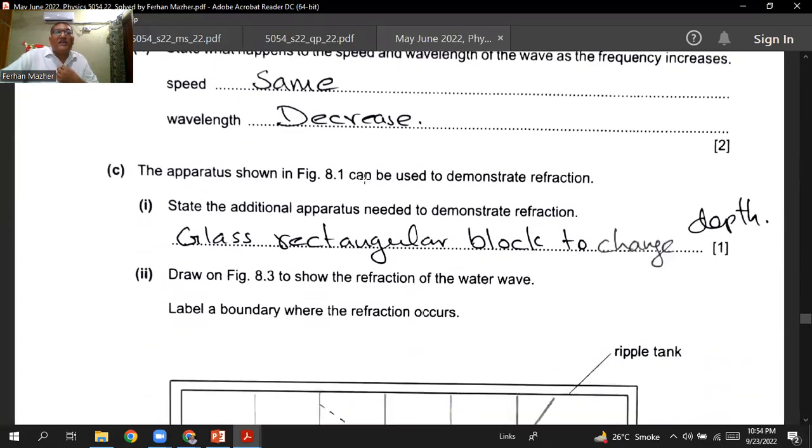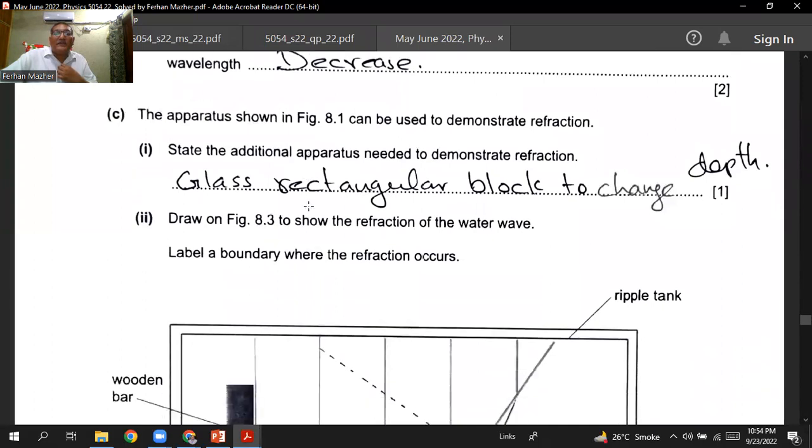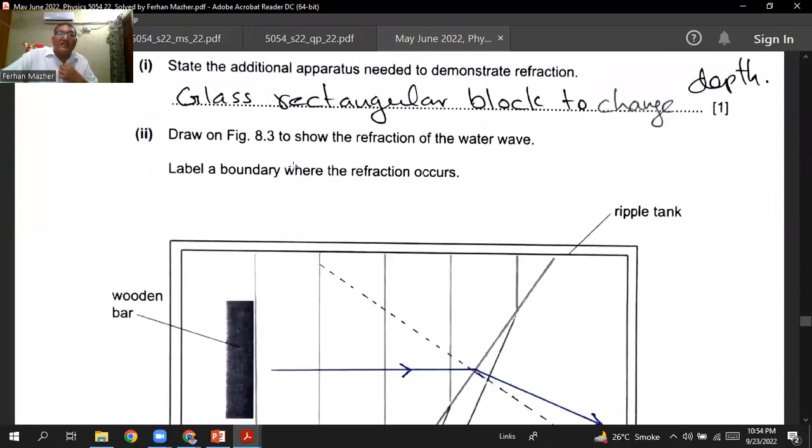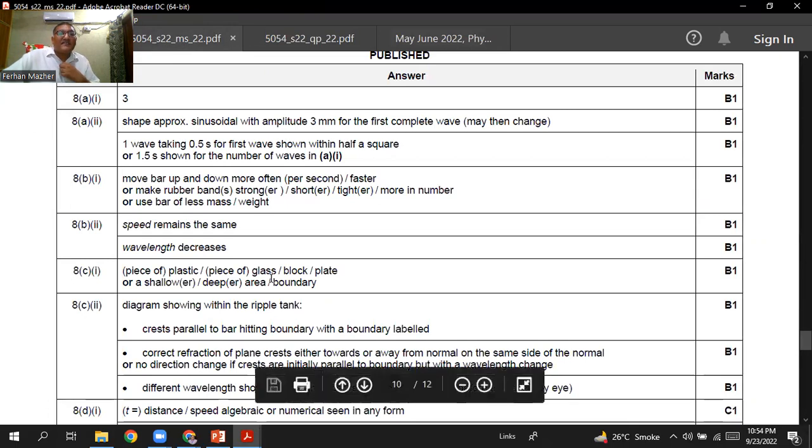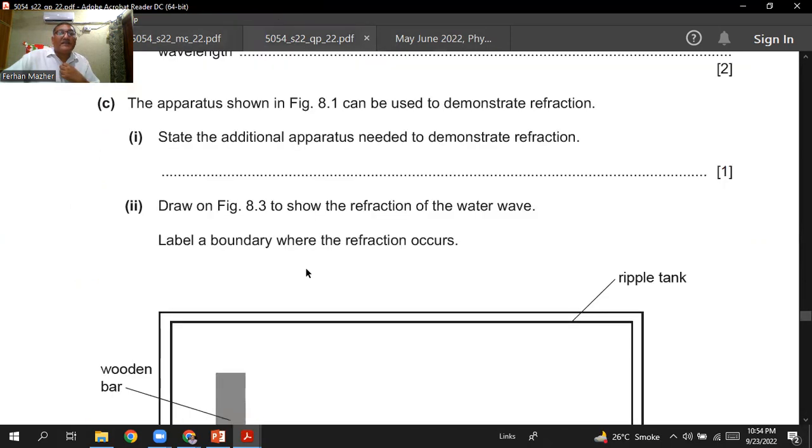So we need a rectangular block to change the depth of the water. The marking scheme says a plastic piece or glass block or plate, shallower, deeper area boundary. Okay, so our answer is right.